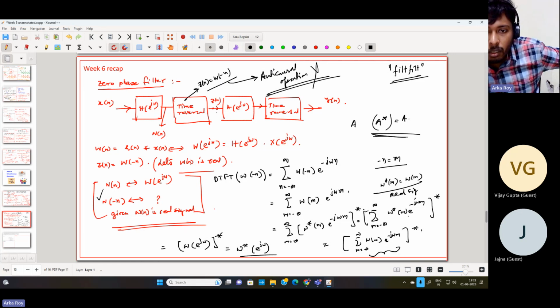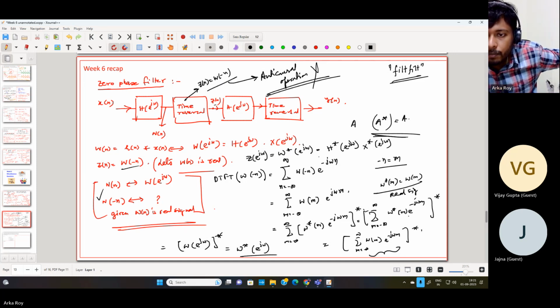At this particular location, it was z of n, which was w of minus n. So Z(e^jω) is effectively W*(e^jω). So W*(e^jω) is equal to H*(e^jω) and X*(e^jω). Then we are taking the output over here.